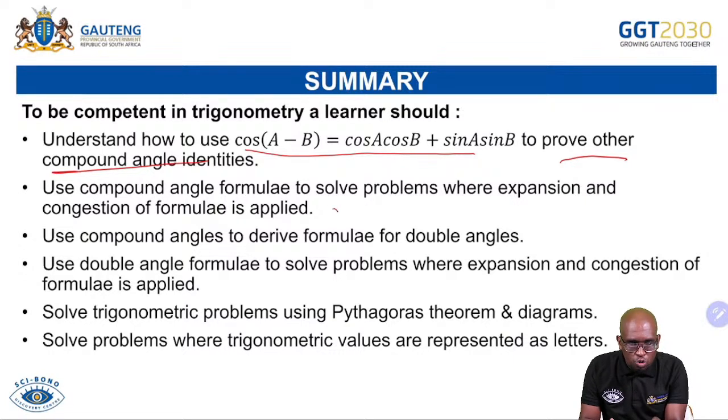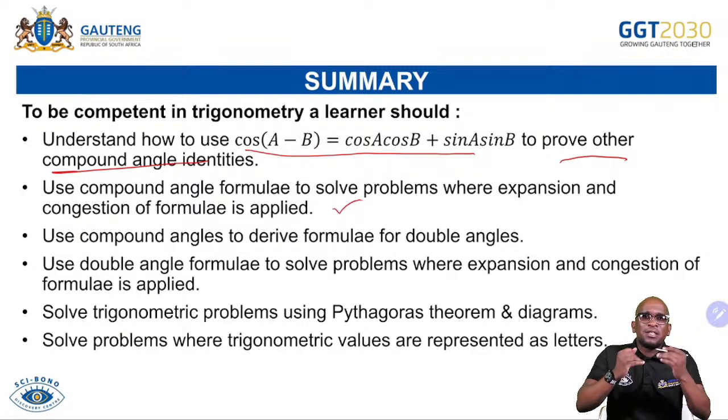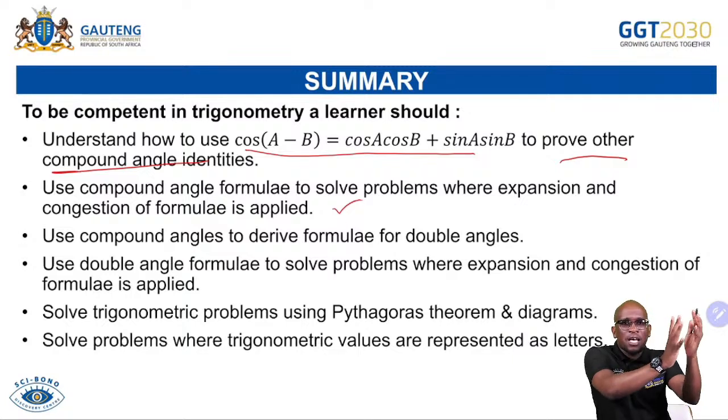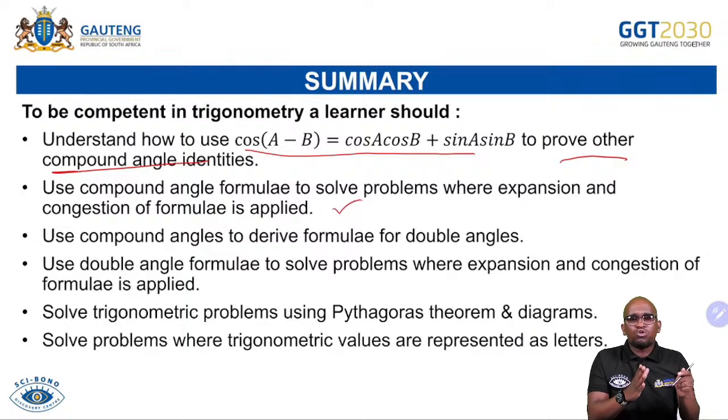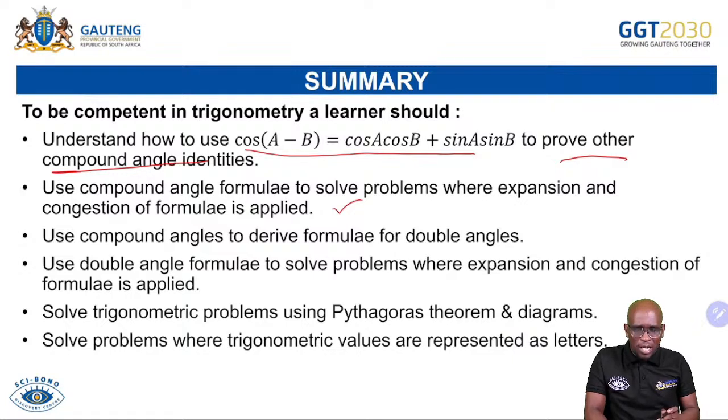You should be able to use compound angle formulae to solve problems where expansion and condensing of formulae is applied. You would remember in the first part of the lessons, I put down on the left hand side the glossary, the formulas from the formula sheet, and I showed you how to move from left to right and also from right to left on that formula sheet.